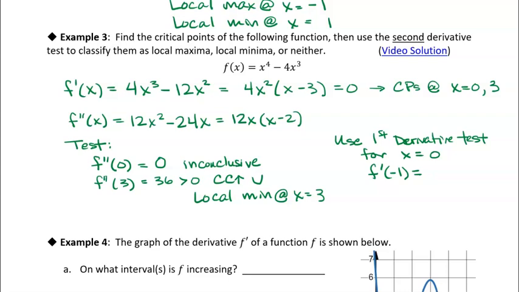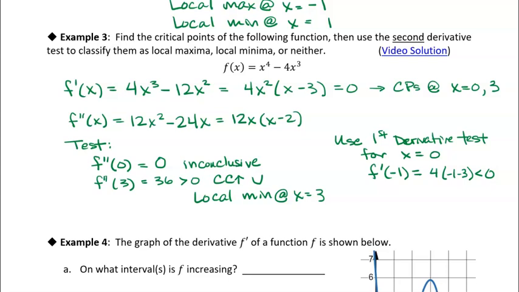So we get 4x squared. x is -1, so when we square it, we'll get a +1. So we have 4 times a -1 minus 3. Now, whatever that is, it's less than 0. What that tells us is that the function is decreasing, because now it's the first derivative.